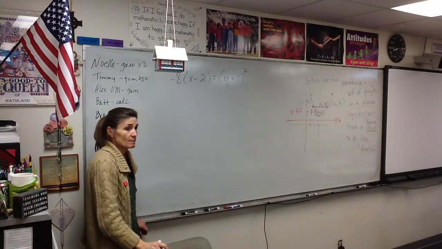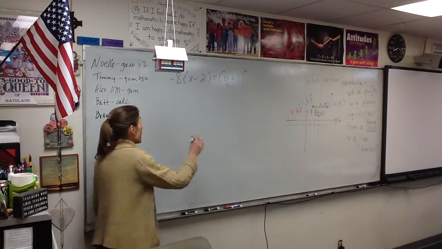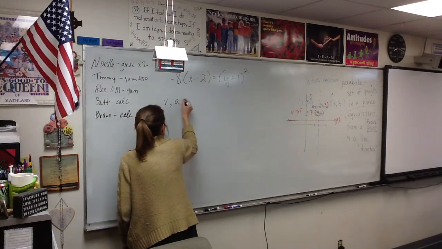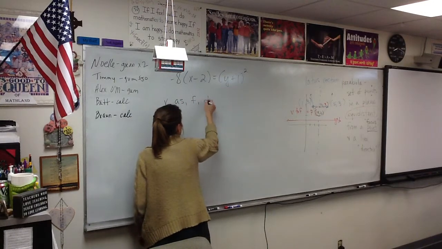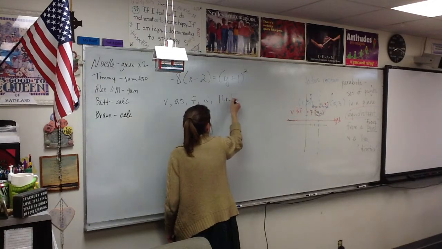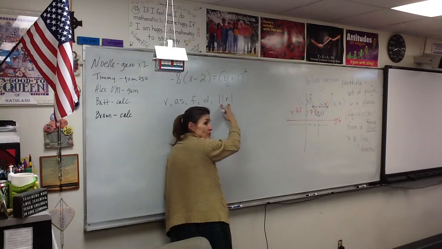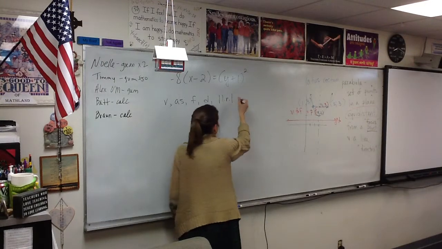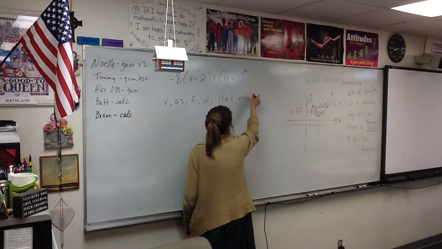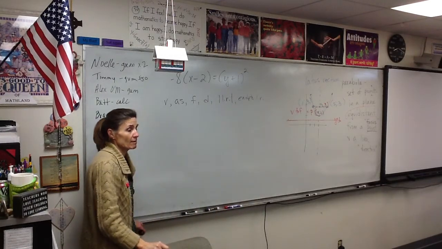Again, you recognize that's a parabola. Your job, we're going to find the vertex, axis of symmetry, focus, directrix, length of the latus rectum. And I'll use absolute value because you're used to that. That means magnitude, right, or length. And we'll find the endpoints of the latus rectum. So that's all the information we want to get out of this.